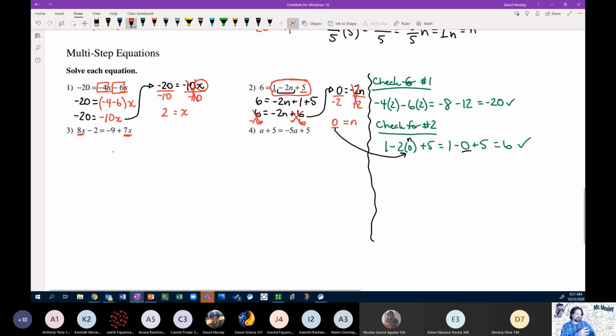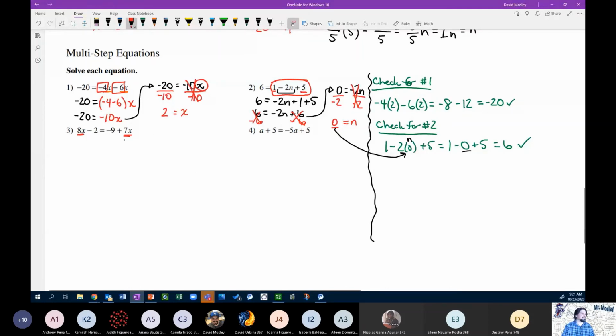All right, so this one's going to be a little more interesting as far as how we check it and how we solve it. Because like I said, we have a variable on each side of the equal sign. So I'm going to choose which side I want the variable on and which side I want numbers on. I'm going to have variables on the left-hand side and numbers on the right-hand side.